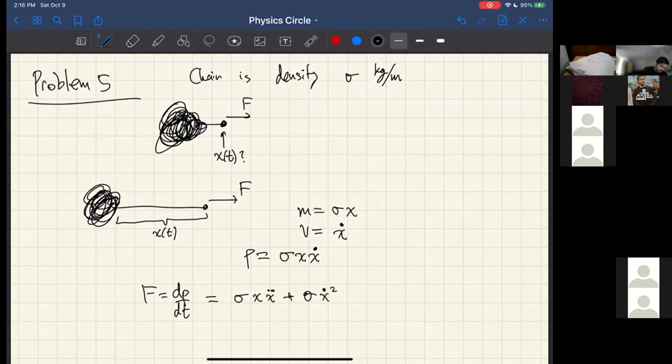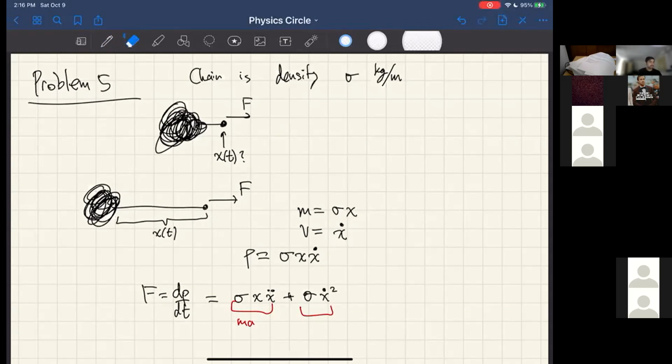And note that this term right here is the ma term, because m is sigma x and x double dot is the acceleration. But because the mass of this piece that I'm pulling is changing, I also have an extra sigma x dot squared term. What are the dots? Okay, dot is a very common notation in physics. It's just y dot is dy/dt.